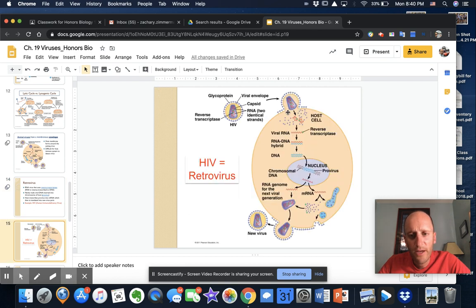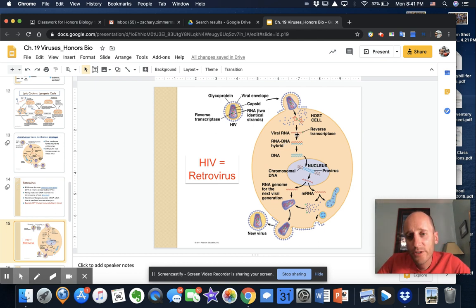Well, like with HIV, the RNA enters the host cell once the receptors and the viral proteins lock together. The nucleic acid enters the host cell. That viral RNA is reverse transcribed from RNA to DNA. Now, you might remember that in eukaryotic cells and in bacteria, the cellular DNA is transcribed into cellular RNA.